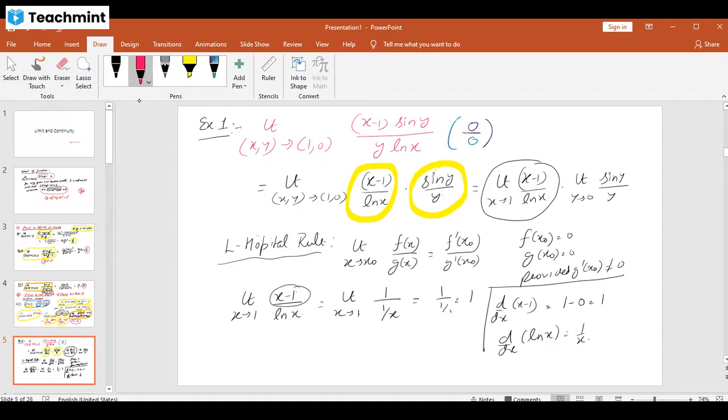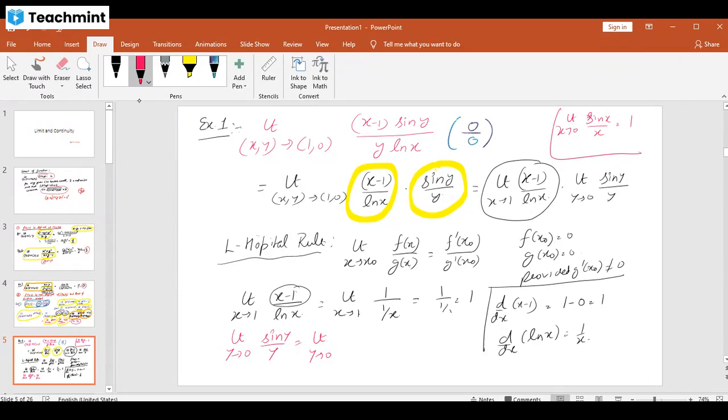Now we'll calculate the limit of the second function, that is limit y tends to 0 of sine y upon y. Although it is an identity that limit x tends to 0 of sine x upon x is equal to 1, otherwise we can see here it is 0/0 form. So again, here we can apply L'Hopital rule also. So what is the derivative of sine y?